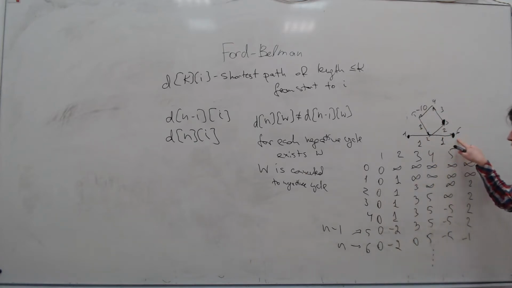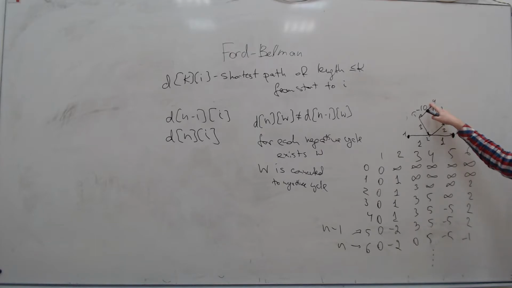So for example, for 6 it is negative, and to 6 we come from 2. When we updated 2, we came from 5. 5 was updated through 4, 4 was updated through 3, and 3 was updated through 2. And we found this negative cycle there.